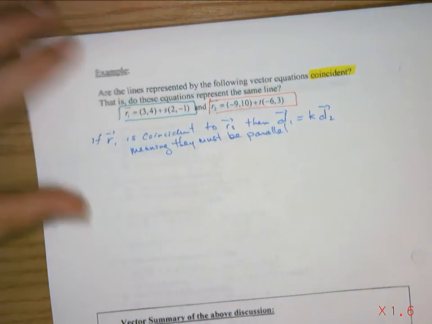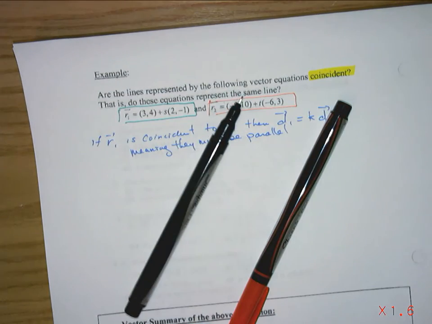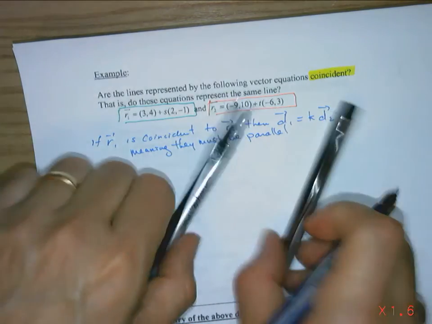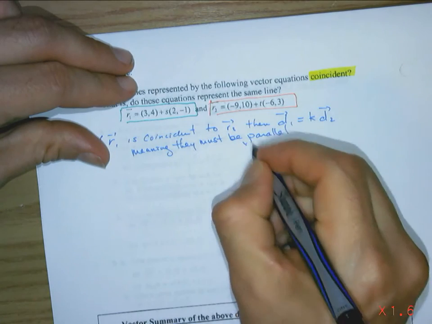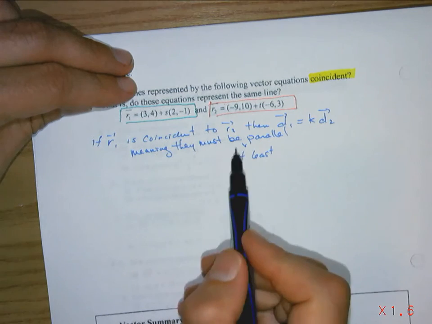Now that's not the only condition for two lines to be coincident. Here's two lines. They're parallel. They're not coincident. But this is one condition that they need to meet. So let's take a look. I would put in the word at least here. So meaning they must be at least parallel.